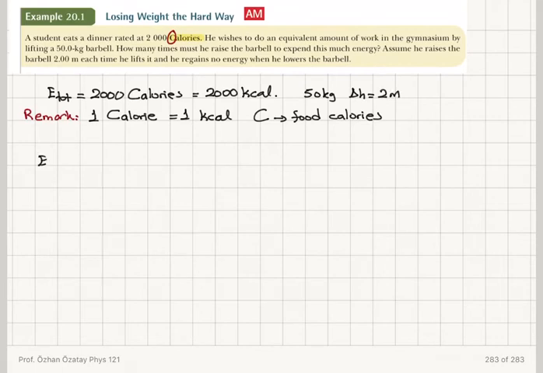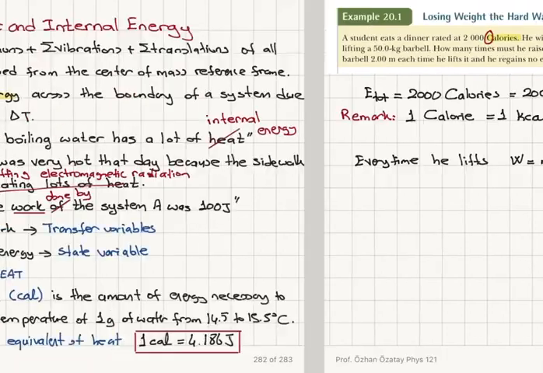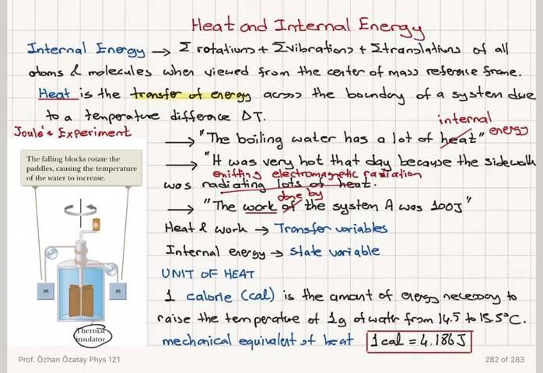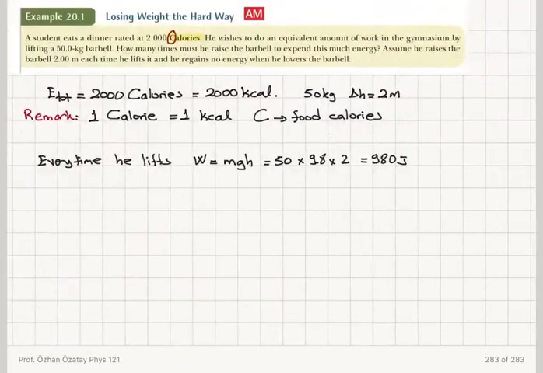So every time he lifts, he's going to expend some energy. The work done will be equal to mgh, and this is going to be 50 kilograms times 9.8 meters per second squared times 2, that is 980 joules. That is mechanical work. Now, according to Joule's experiment, 1 calorie is equal to 4.186 joules.